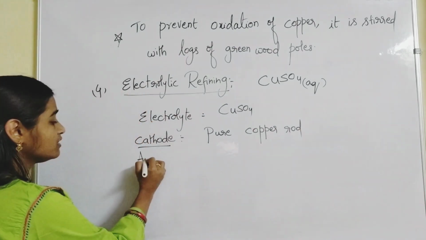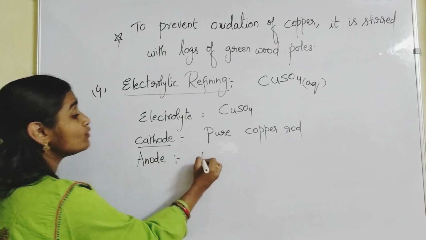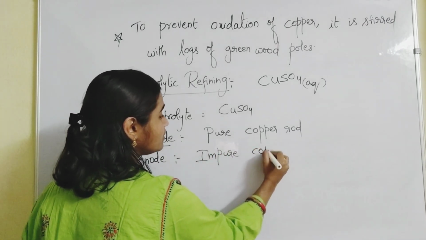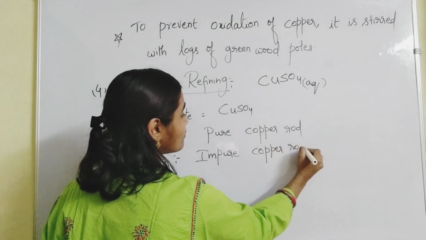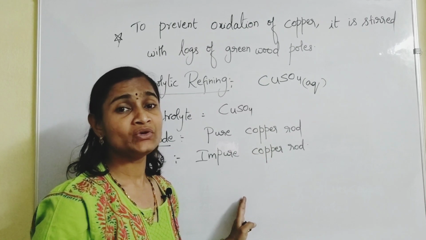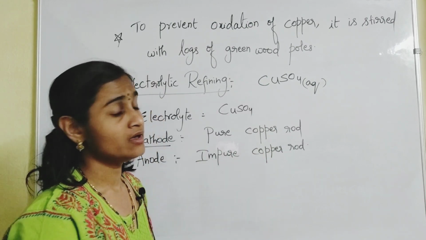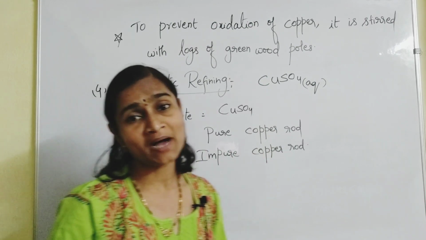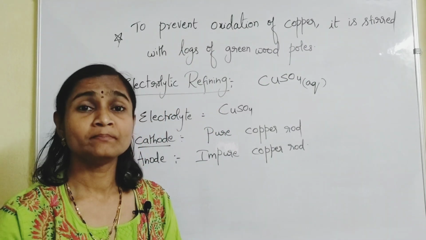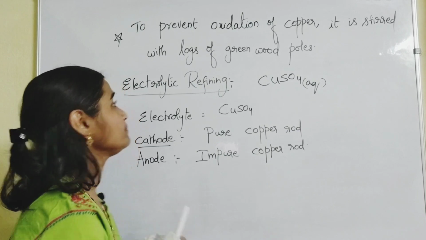And anode you will take impure copper rod. Please remember, pure copper rod you will take as cathode, and anode you will take impure copper rod. When electricity is made to pass through it, then what happens? Here, please remember very important points.